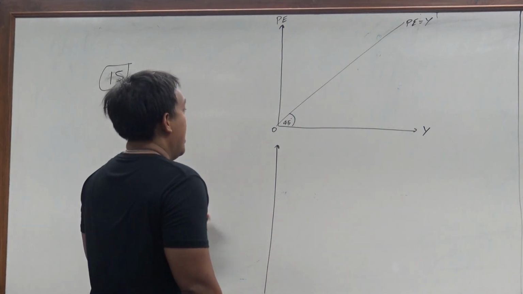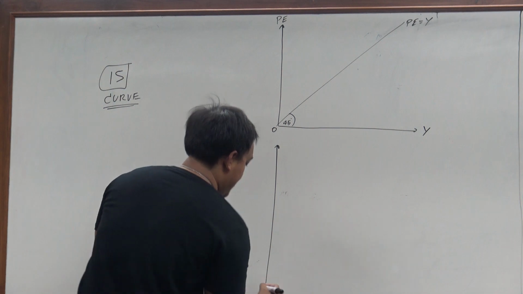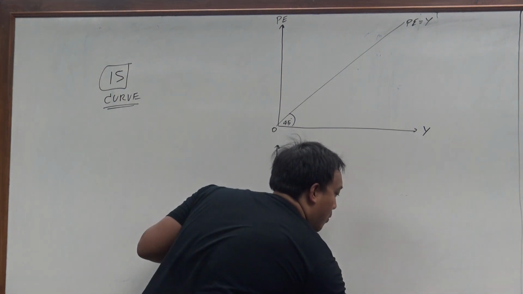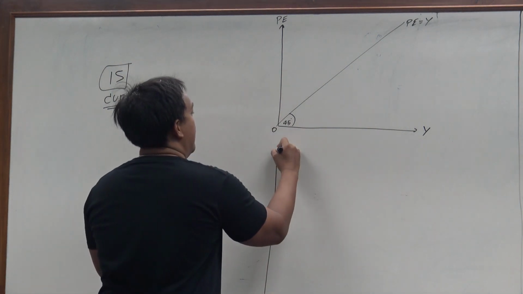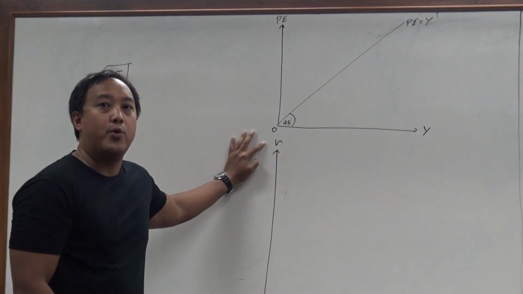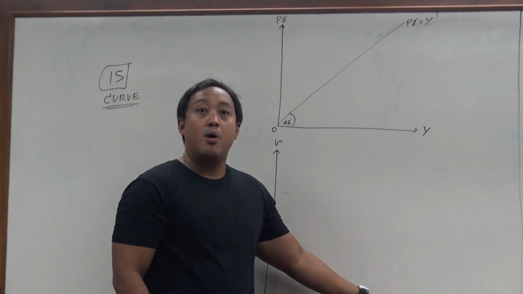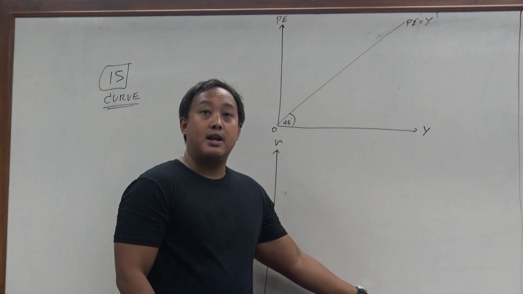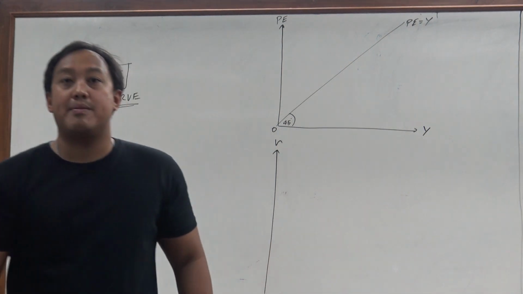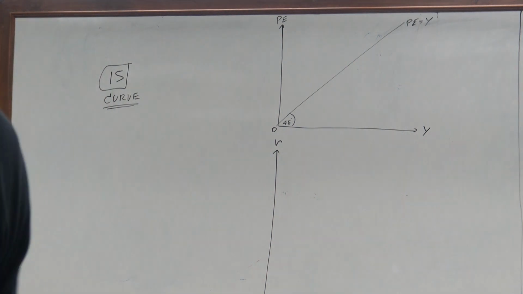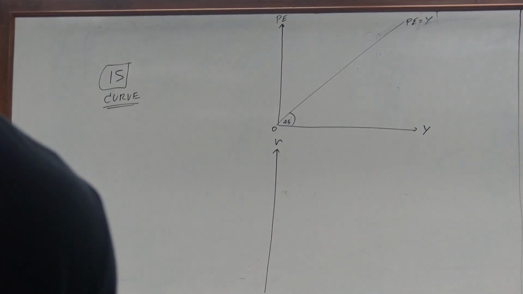On the bottom graph, we have Y and R. R is the real interest rate, and Y is the level of income, GDP. Wait a minute, can you see Y?